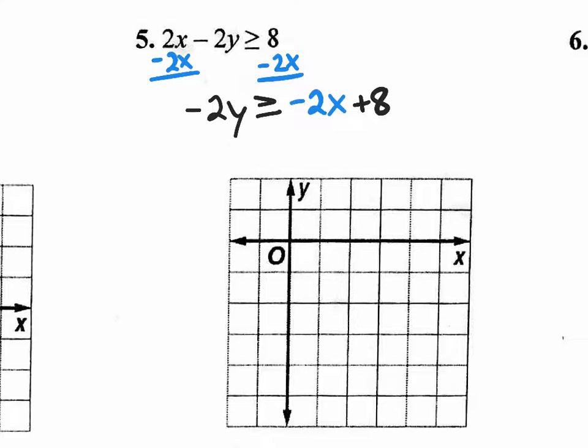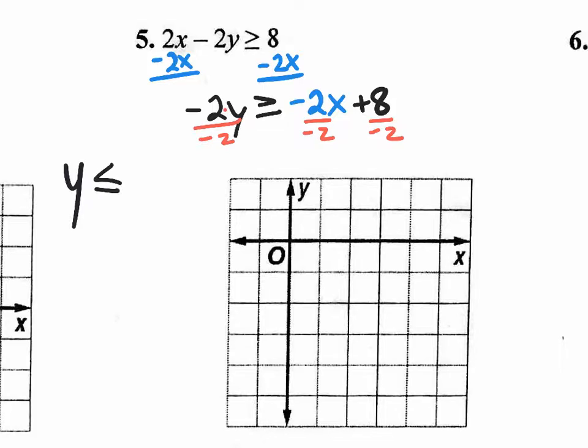I need to now get y by itself, so I would have to divide, because you really have multiplication of -2 right there in front of the y. You'd have to divide everything by -2. Then you'd have your final slope-intercept form inequality. That would be y. Now, because I divided by a negative, what do I do with that inequality? Change it.